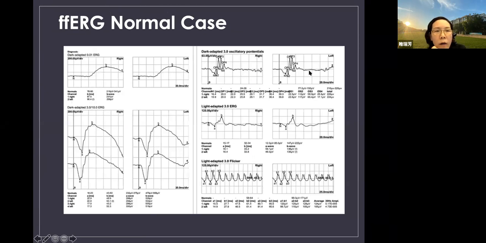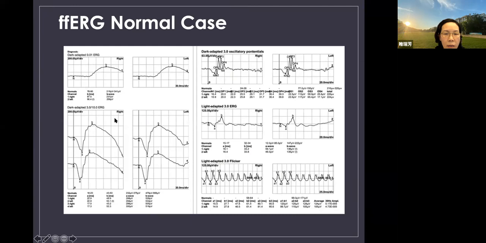This is the normal FFERG. Now we always record 6 waveforms. This is scotopic 0.01, this 3.0 and 10.0. This is dark adapted OPs, and these are light adapted 3.0 and flicker.